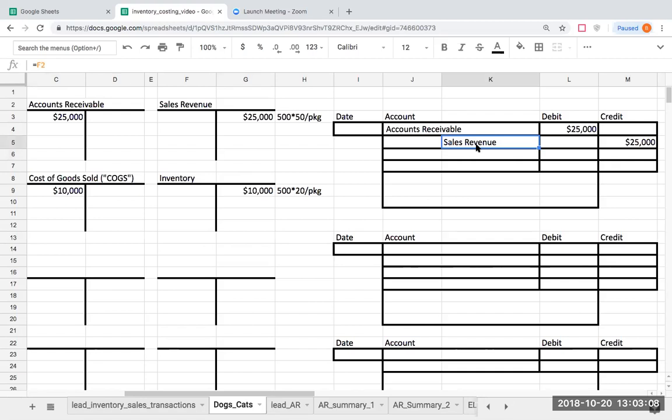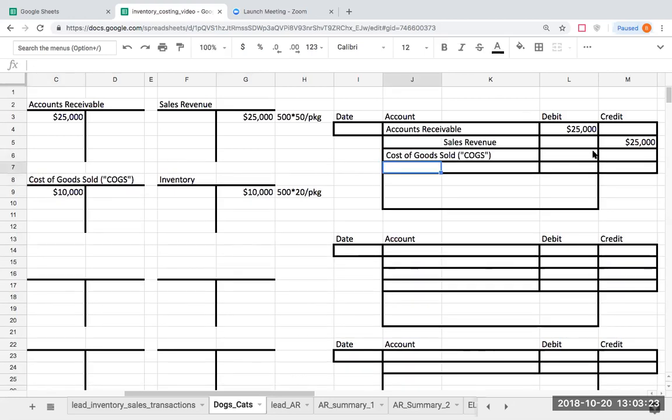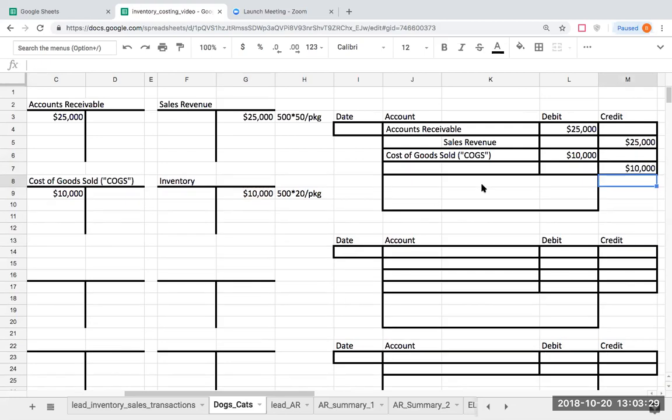Why am I indenting sales revenue? Because I have to indent my credits. I realize that computer programs such as QuickBooks don't do it, but not for my class. So here we're debiting cost of goods sold to show the cost of that inventory leaving my store, and I'm crediting inventory for $10,000.